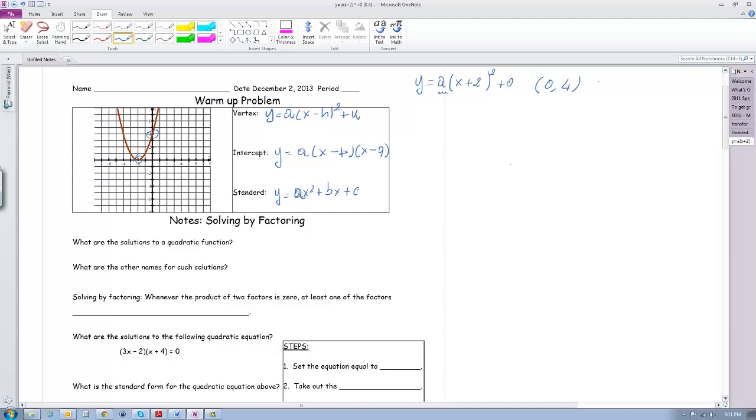If I plug those two numbers in, I have 4 equals a times (0 plus 2) squared plus 0. And again, I'm going to drop the 0 now, as we know that was representing the y coordinate of the vertex. So a can be found as 4 equals a times 2 squared, or a times 4. If I divide both terms by 4, I can find that a is equal to 1.